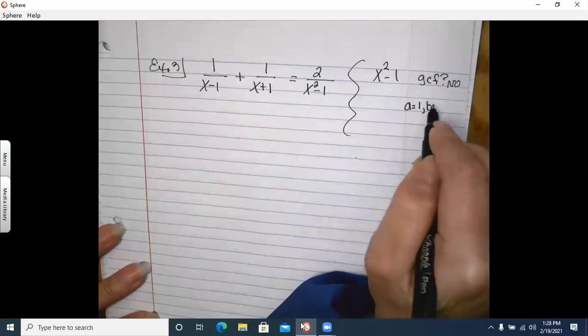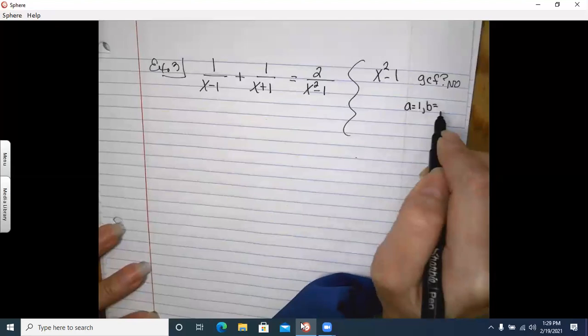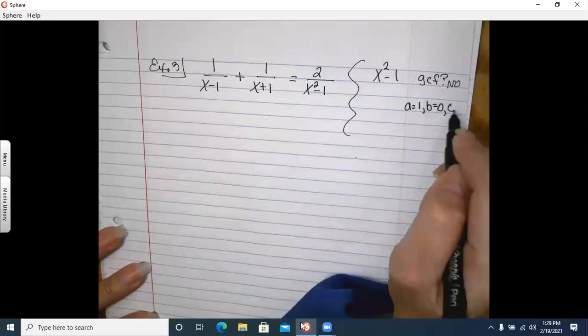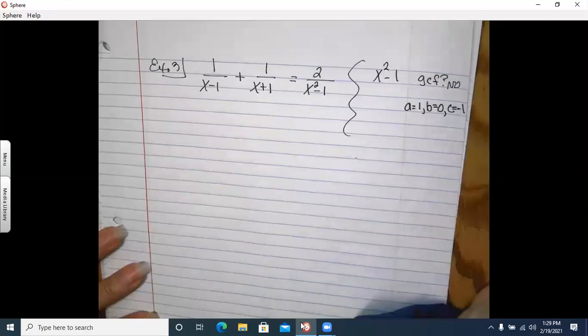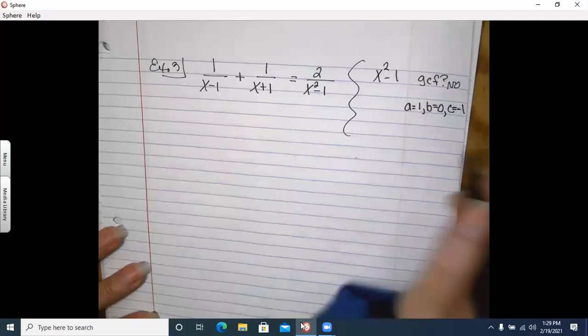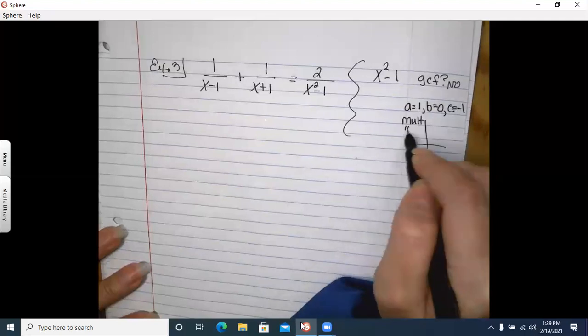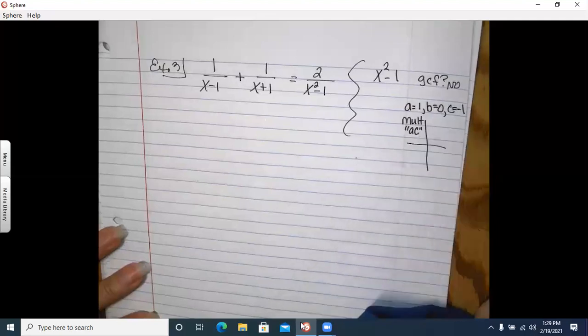What is B? Oh, 0, because B is your linear term, the coefficient, right? What is C? -1. So to factor, you need two numbers that multiply together to give you A times C, which in this case is -1.